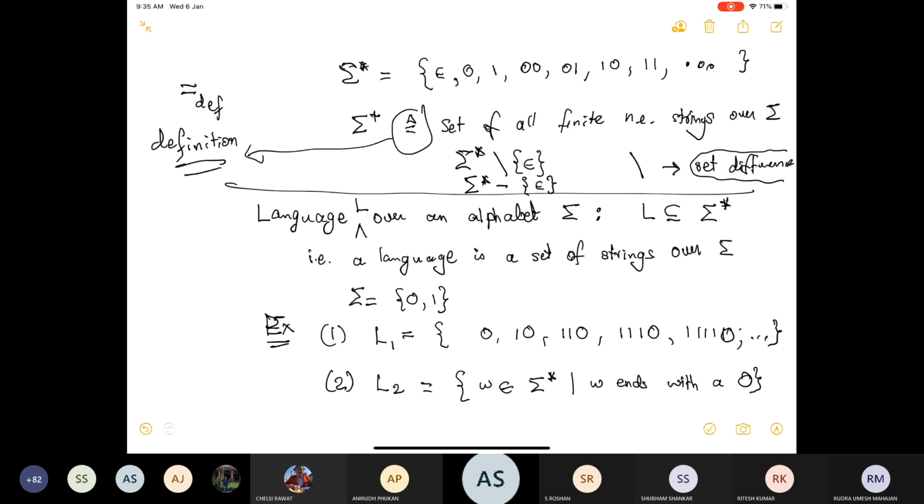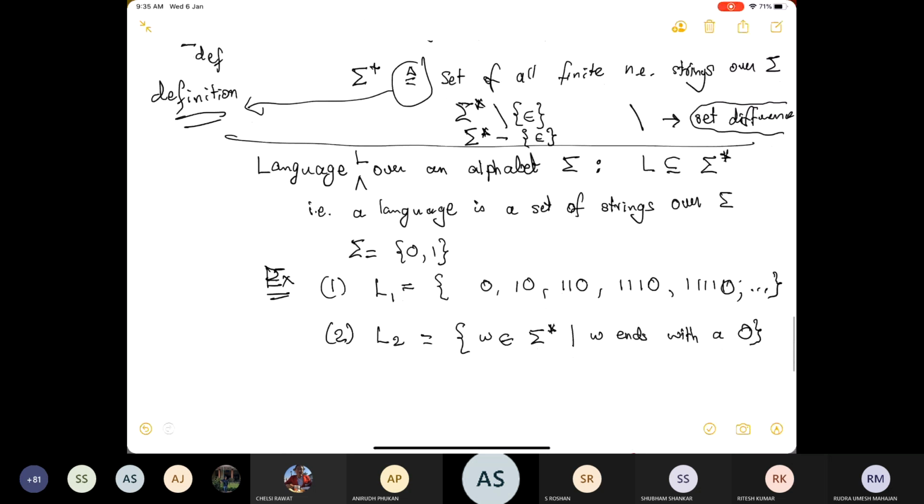All it says is it ends with a 0. So this is actually the set of all the binary representations of all even numbers. Okay.